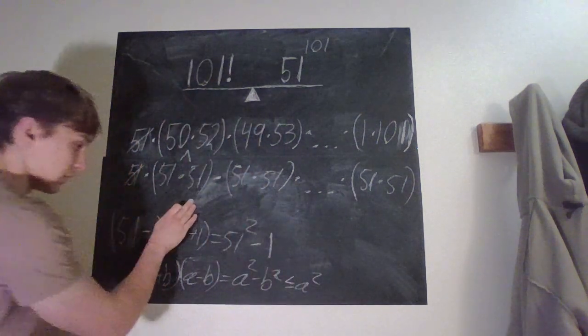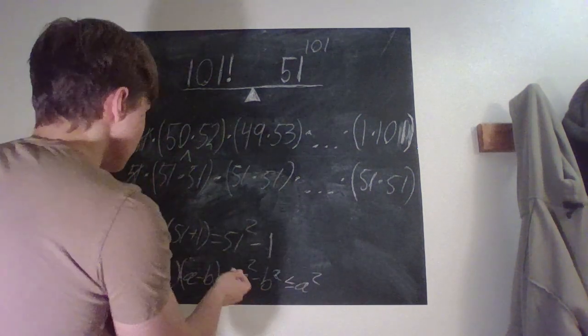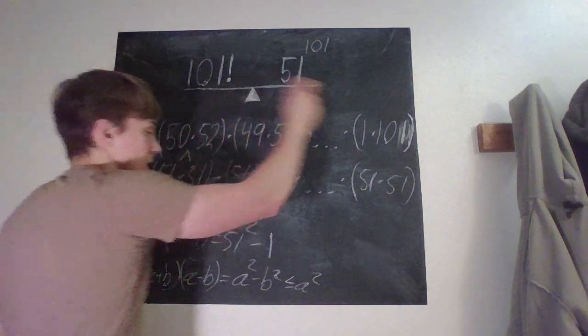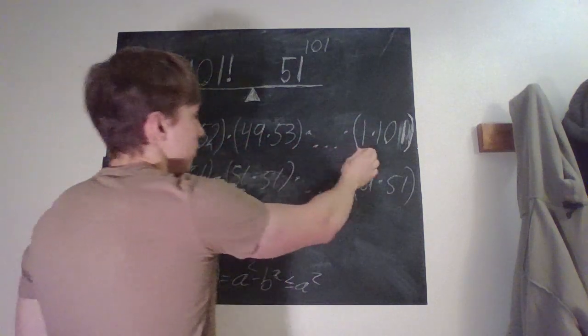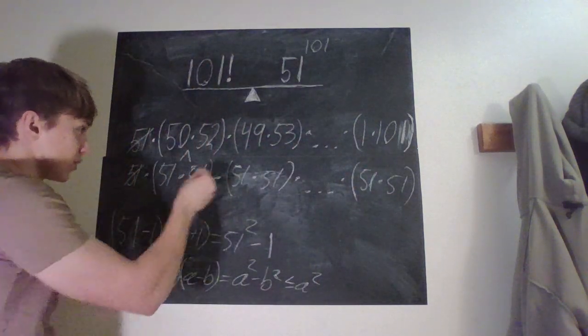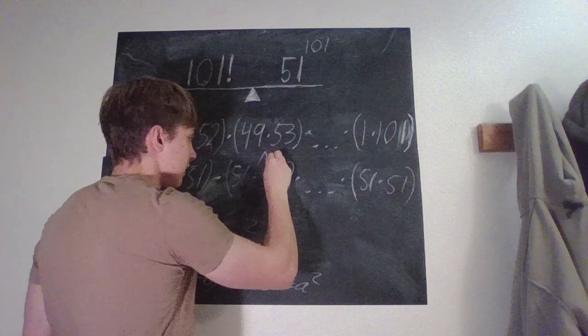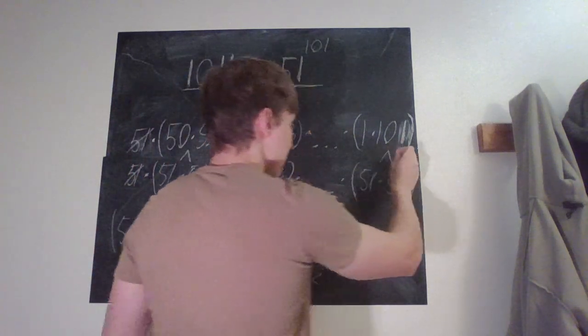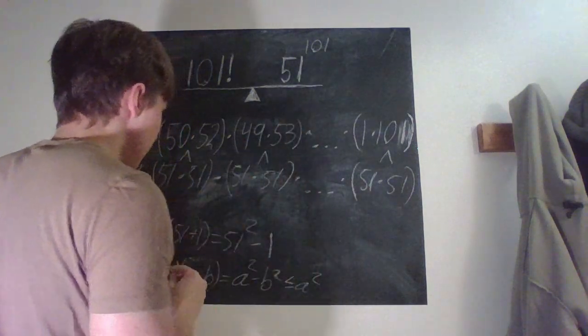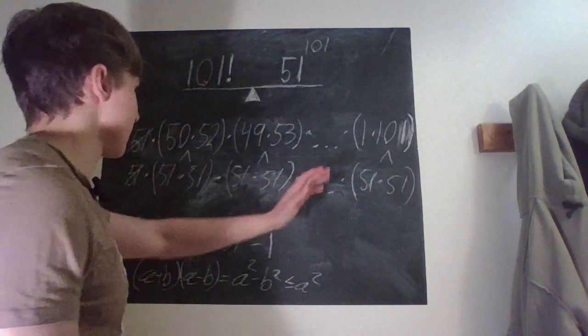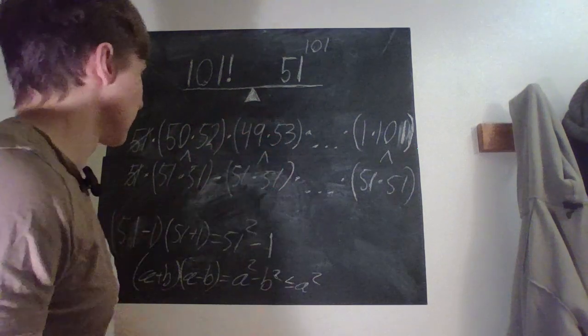And our a here is 51, and our b changes from 1 all the way up to 50. And so therefore, we know that all of these parentheses are smaller than the ones above. Therefore, we know that this whole thing is bigger than that whole thing.